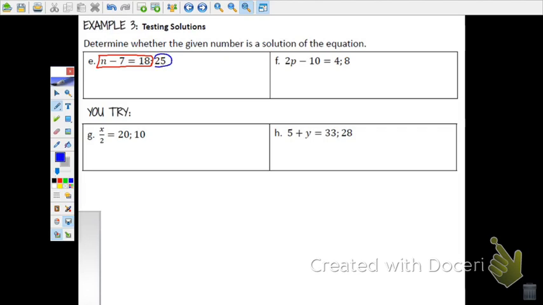So I'm going to take that number and put it in place of the variable. So 25 minus 7 equals 18. What is 25 minus 7? Okay, it is 18. So that is true.